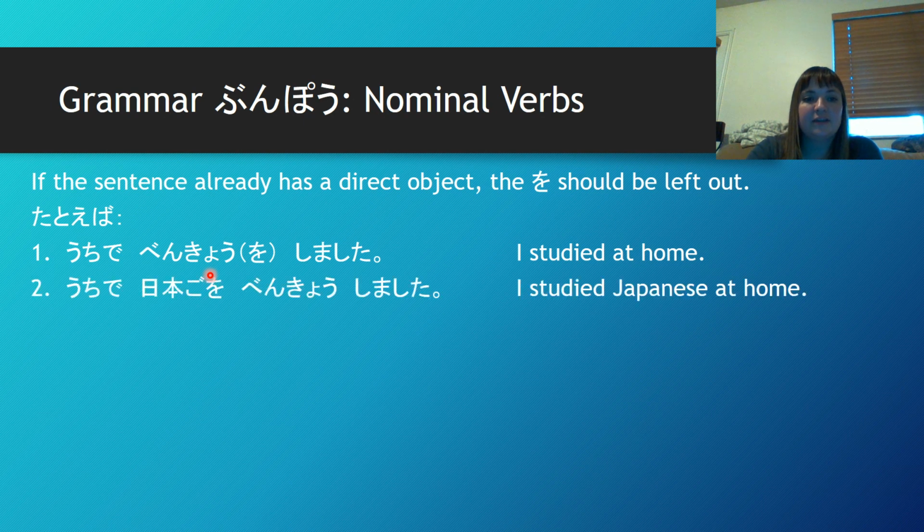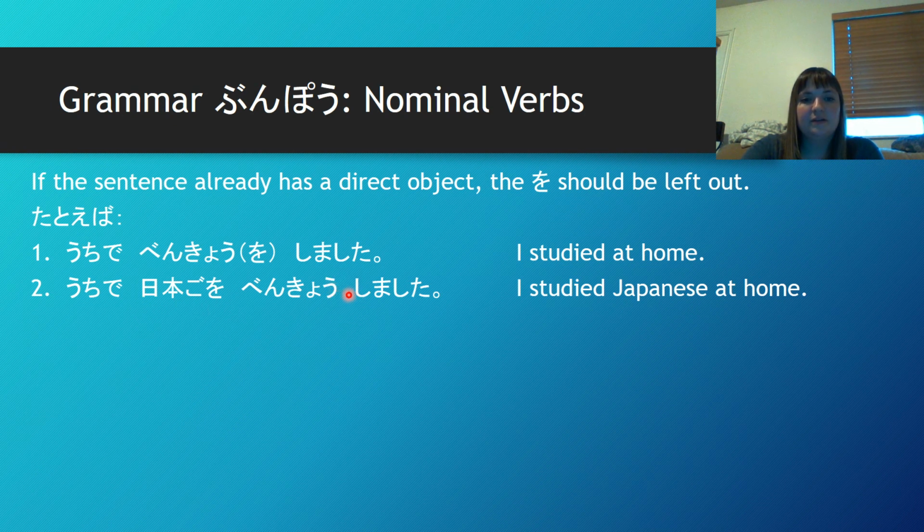Now, if we look at this example, you'll notice that we're now being specific. We're not just studying in general. We didn't just study, sorry, at home. We studied Japanese, right? So Japanese is a direct object, the thing that is being verbed. So it's going to have an O after it, right? But that means that we can't put an O right here.